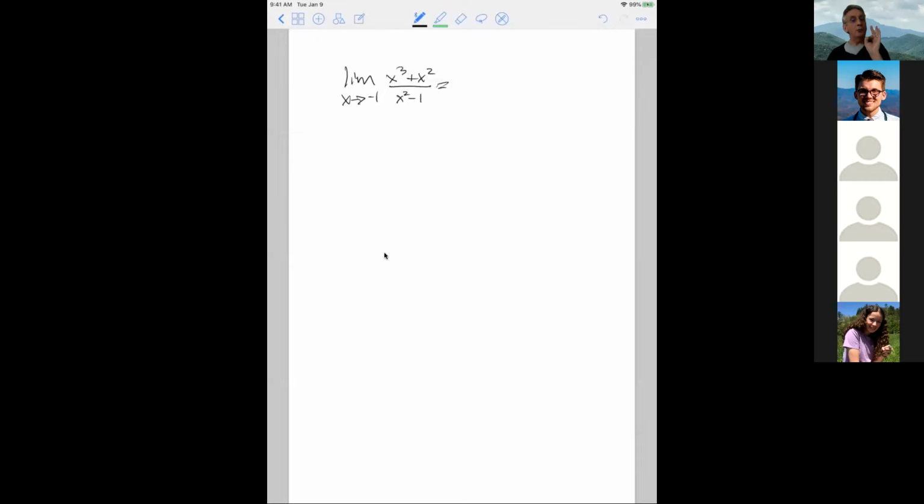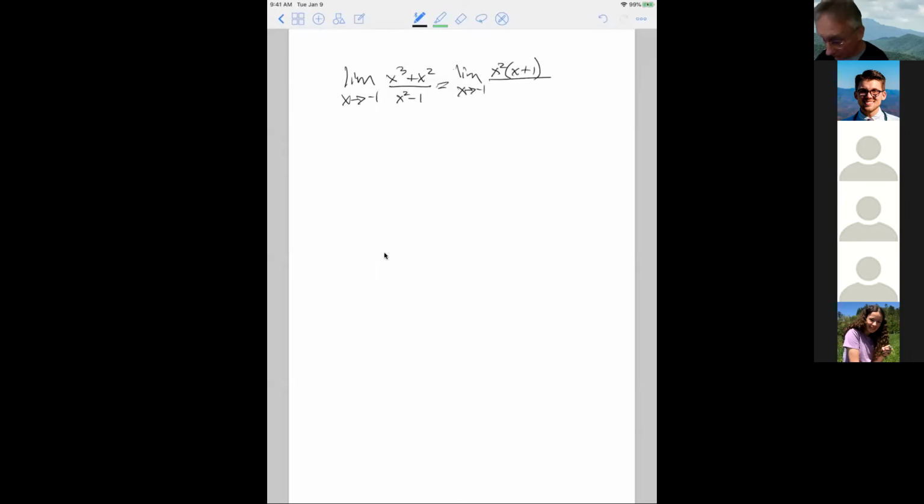Notice we still want the limit. The limit notation needs to still follow through, because we're still checking out the limit. So the limit of this is equal to the limit of this. There's an x squared common in both terms on top, and that factors out to be x plus 1. Now it's a matter of seeing: x squared doesn't factor into the bottom, but does x plus 1?